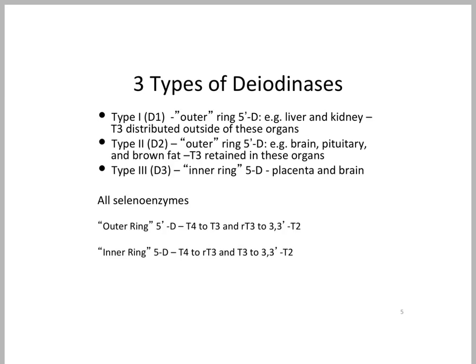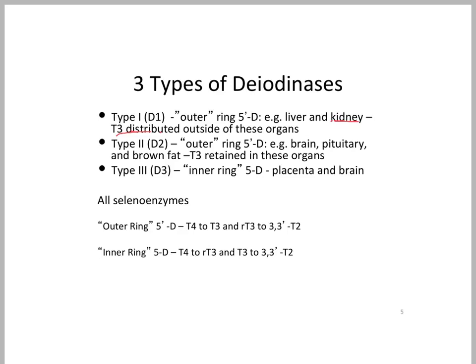Deiodinase 1, and this is what I did my work on for my PhD, I did work in the kidney, and it's also in the liver. I want you to think about this type of deiodinase being associated with making T3 and making it available to the circulation. So these are highly perfused tissues that allow T3 to be released to other organs.